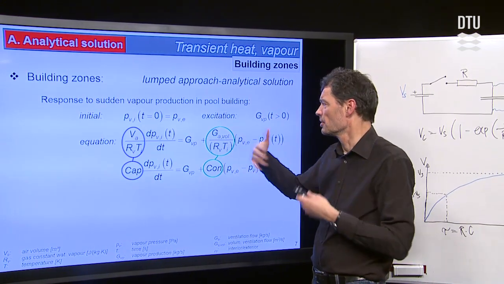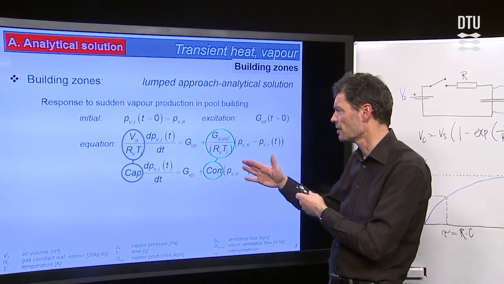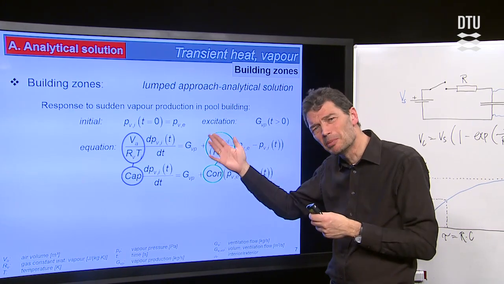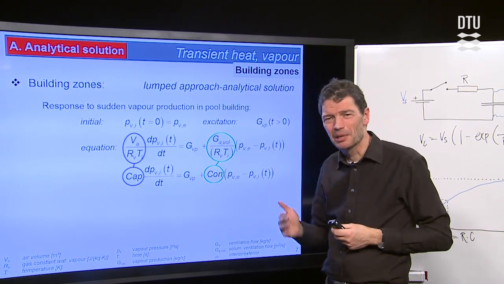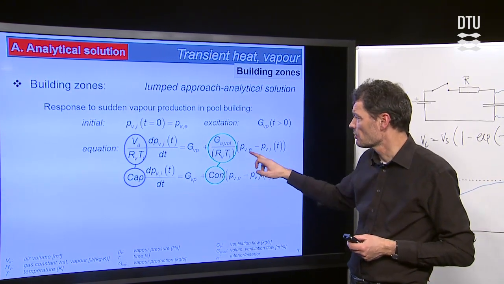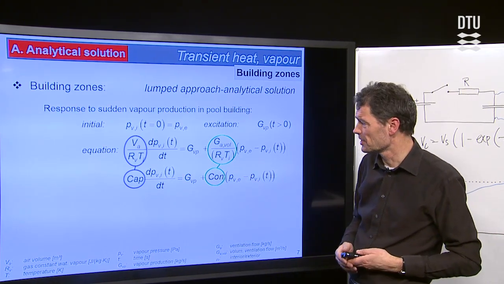This is made in contact between inside and outside vapor pressures, so we should have a contact that explains how well the vapor in the swimming pool is diluted, you could say, by contact with the outside air. And this we call our contact coefficient.